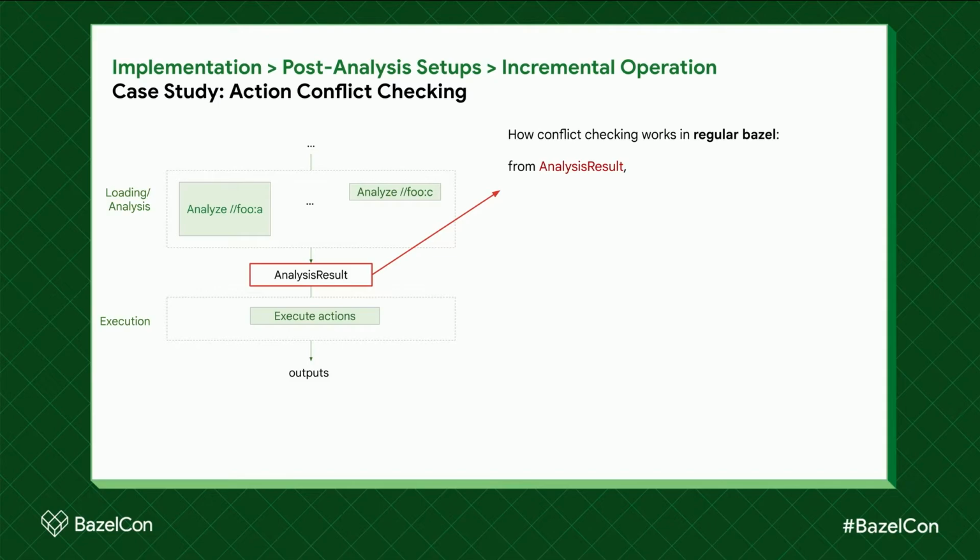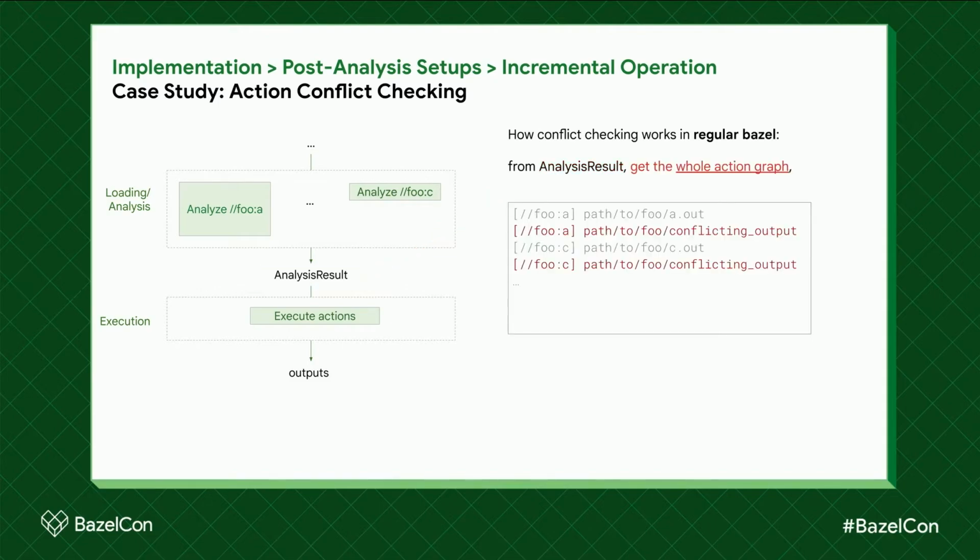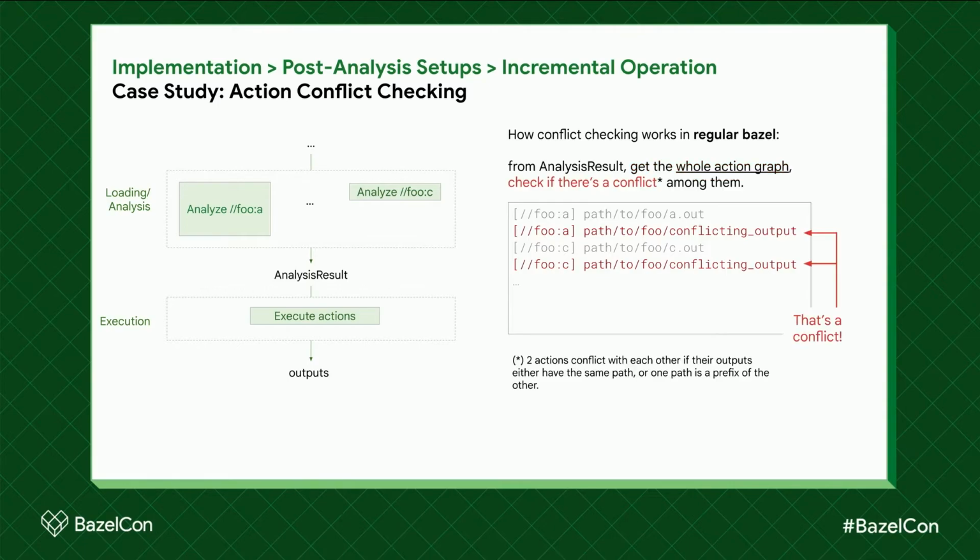So the way it works is from the analysis results, you extract the whole action graph, and this gives you all the outputs within the build that you would expect. And then you check if there's a conflict among them. So yeah, once again, two actions will conflict with each other if their outputs either have the same path or one path is a prefix of the other. Yeah, so that's a conflict.